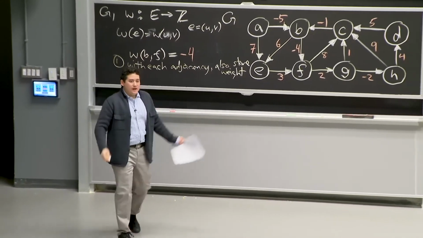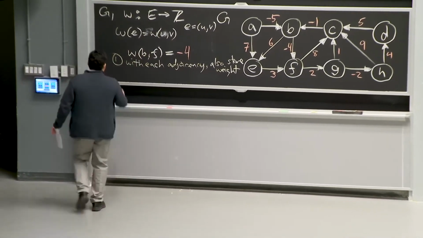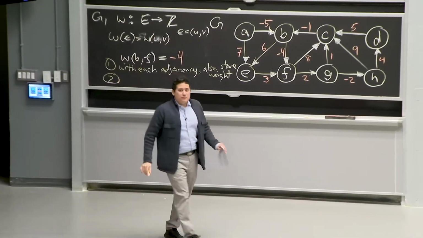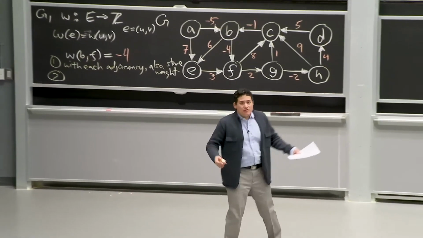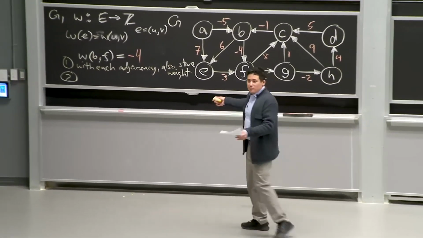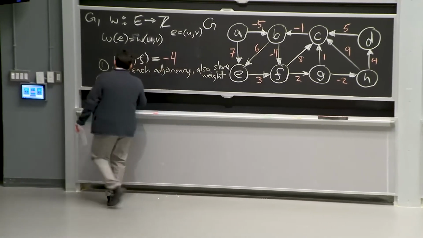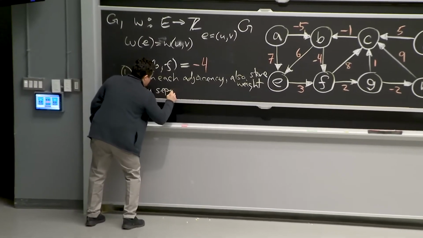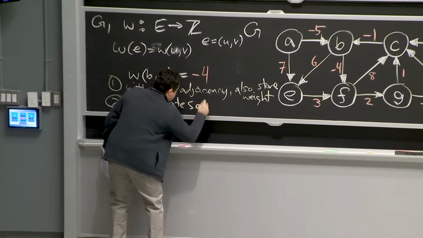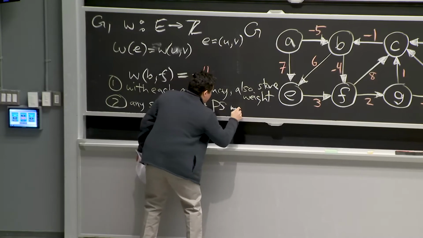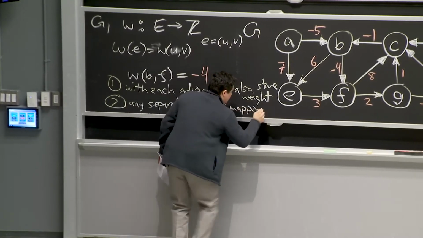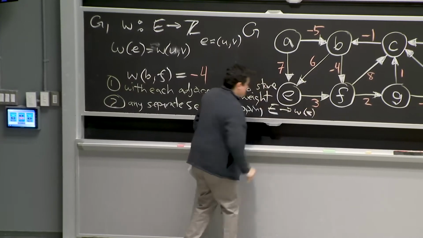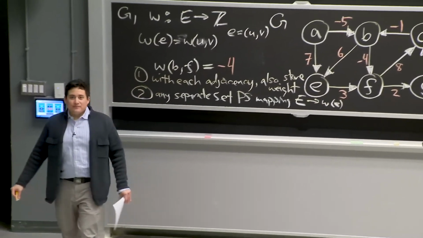A second way, instead of trying to modify our graph structure that we gave you before, let's just have a dictionary of all the edges mapping to their weights. And we already know how to do that: any separate set data structure, mapping edges to their weights. Bad notation, but you get the idea, okay?